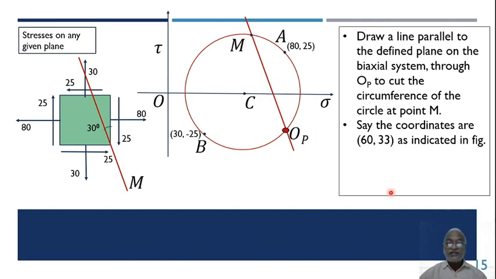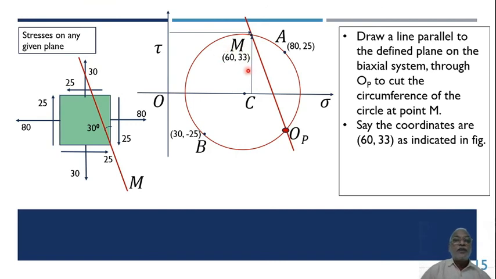Now what is that 60, 33? It's the coordinates of M, and 60, how is it measured? It is the horizontal distance along the x-axis. How is 33 measured? It is along the vertical axis. So that measurement is 33 and this measurement is 60. That's why the coordinates of this point are 60 and 33.